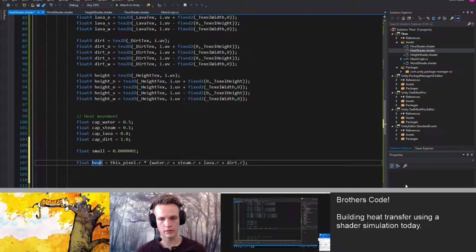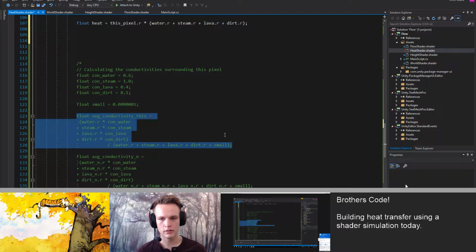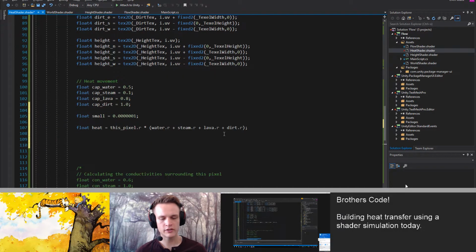So this could be right. Wait, but it's also multiplied by the capacity of each individual value, right? The amount of that times the capacity. So this is a weighted sum. I don't think you need to average it, right? It's not an average, it's an actual sum.